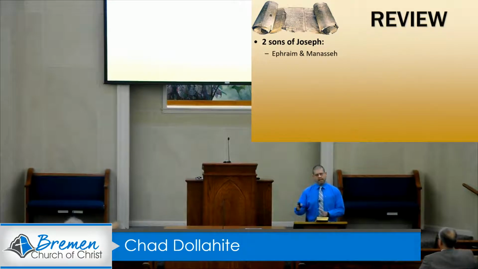So because of that, he lost the right of the firstborn. Joseph was Jacob's favorite anyways, but because of all he went through, he receives kind of a double blessing. And so when you get to the 12 tribes, if you think about the 12 sons of Jacob, and then you have 2 tribes for Joseph, you end up with 13.